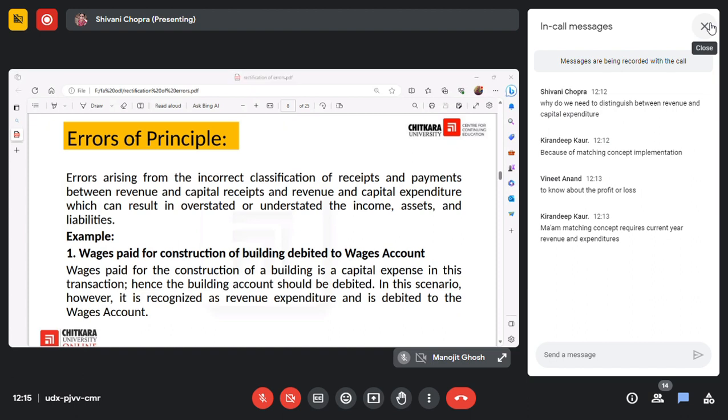What do you think? It will lead to overstatement or understatement of profit. Yes, it will lead to understatement of profit. Very rightly said. Now let's move on to the next one.